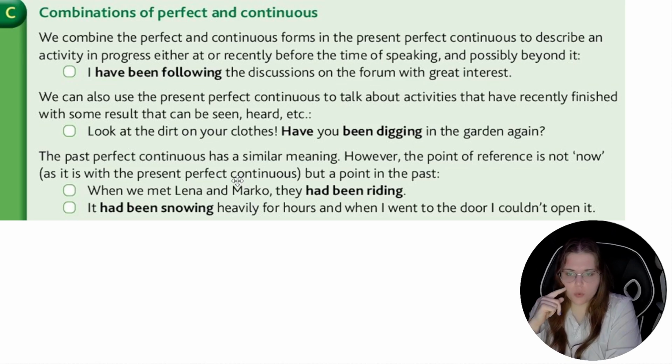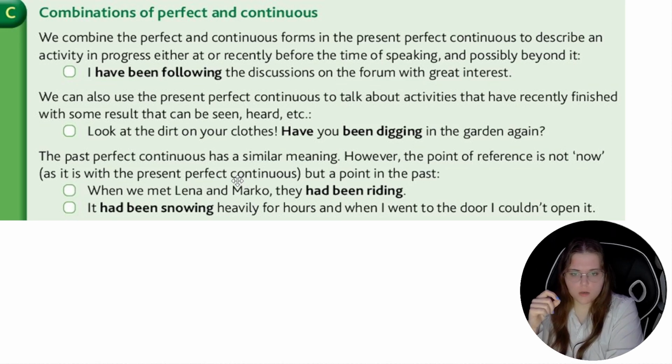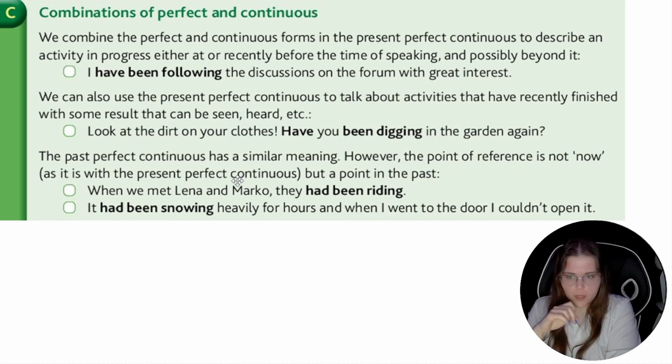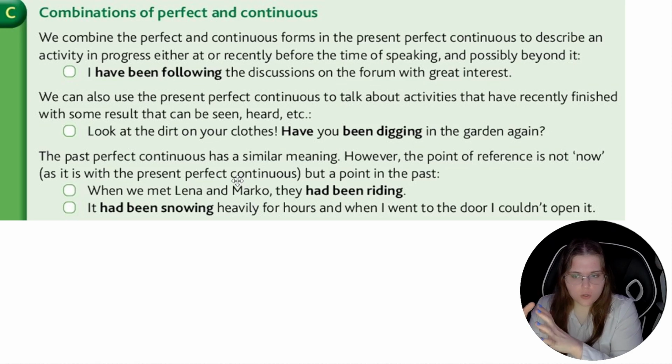It had been snowing heavily for hours when I went to the door, I couldn't open it. It had been snowing for hours, a very long period of time. And when I went to the door, I couldn't open it, a point of time in the past.